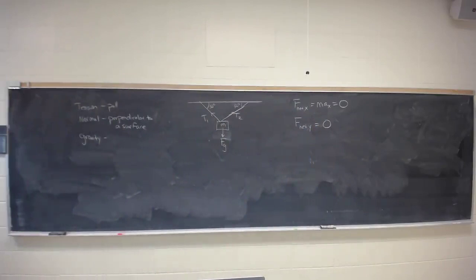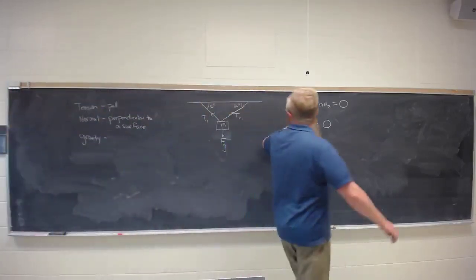Okay, let's look at the X forces first. Which of these three forces have components in the X direction? They have some horizontal part to their force. The tensions, left and right. What about gravity? Gravity's down, right? It has no horizontal component.